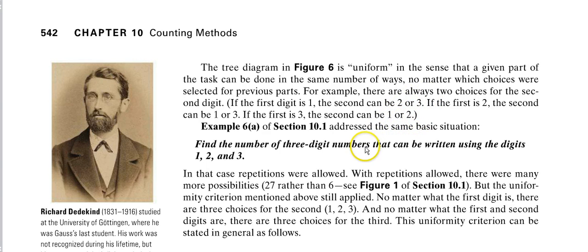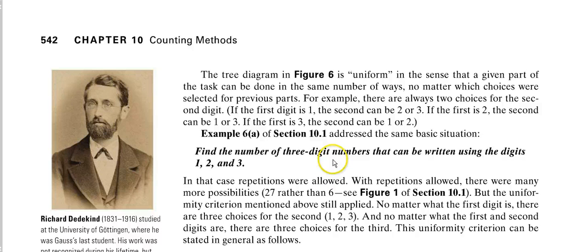And if you chose the 3, then you still have the choice of 1 or 2. Now, what we had done earlier, though, in the case where repetitions were allowed, you select one number, but then you have 3 choices. It could be a 1, 2, or 3. So again, it depends upon what qualifiers they're giving you in the example, whether repetitions are allowed or not.